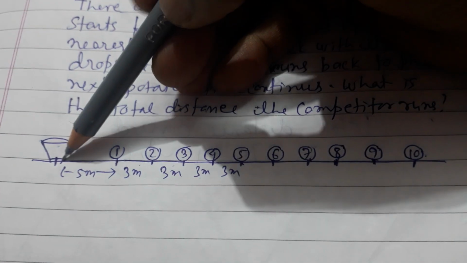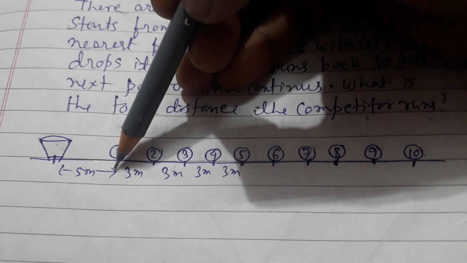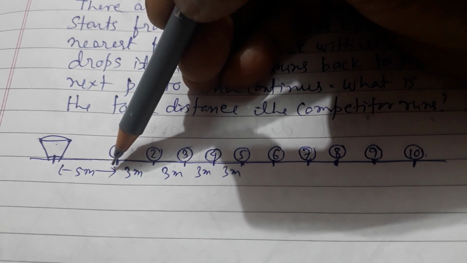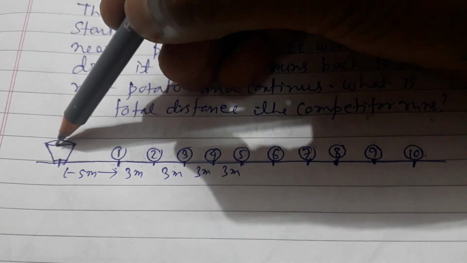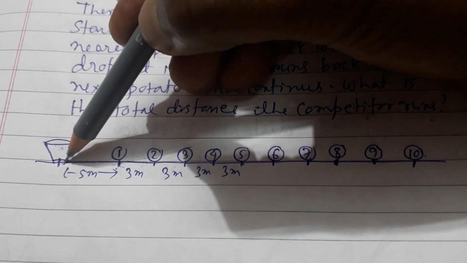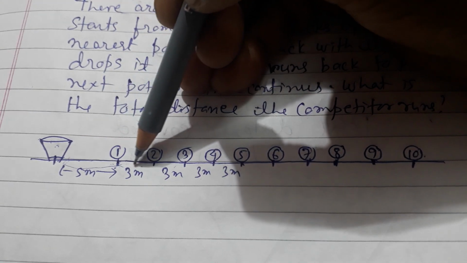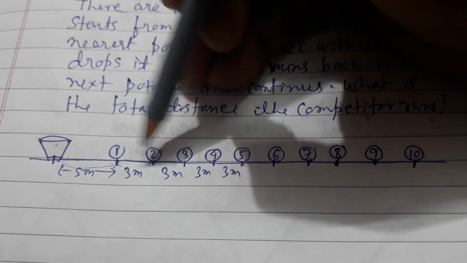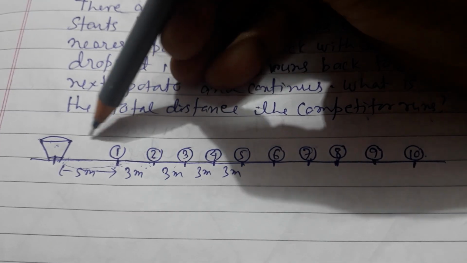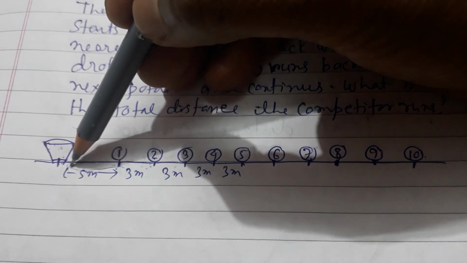Now the competitor runs to the first potato, crossing a distance of 5 meters, takes the potato, and goes again 5 meters and drops it in the bucket. So 5 plus 5, 10 meters. And again for the second potato he has to travel 5 plus 3, 8 meters, and again goes to the bucket, covering 8 plus 8, 16 meters.